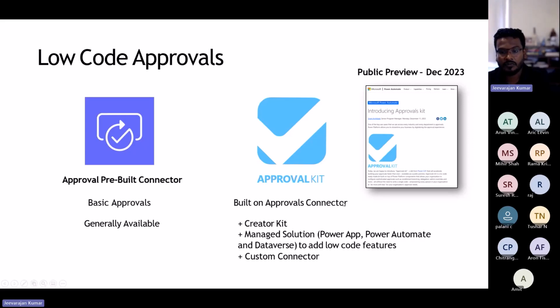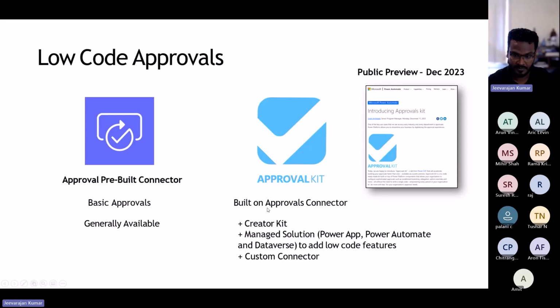So what does it come with when you import the Approvals Kit? It comes with a few components that we should be aware of. There are a few Power Automate flows that are used by the connector internally, and a model-driven app to nicely manage the approvals, where to design the approval and where to manage it.